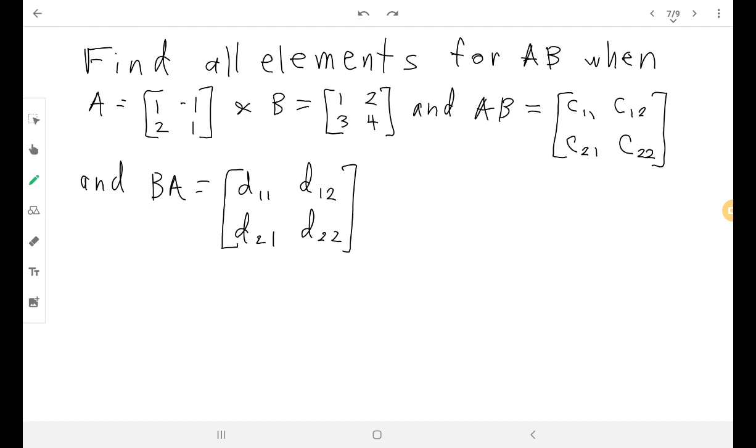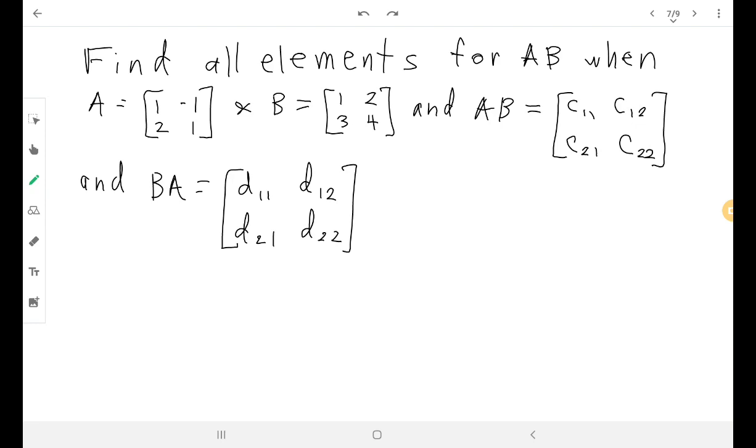Every piece of the matrix is what we call an element of the matrix. So what we want to do is say, if we have this matrix A here and this matrix B here, and we multiply them together in different orders, what do we get? And make sure we match things up.